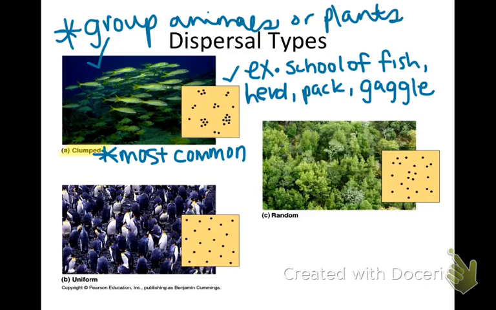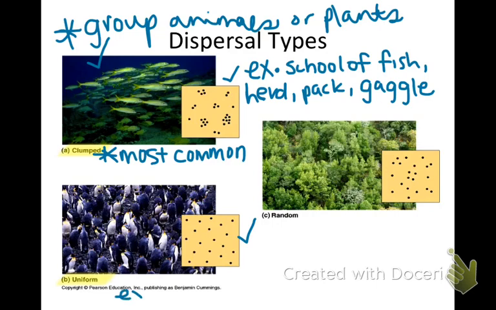The second type we're going to talk about is uniform. And this is what you'll draw in the box. Please highlight or underline either one. Uniform, sometimes these are called evenly dispersed patterns. Please highlight, it usually results from territorial behavior or a favorable environment. These are penguins.